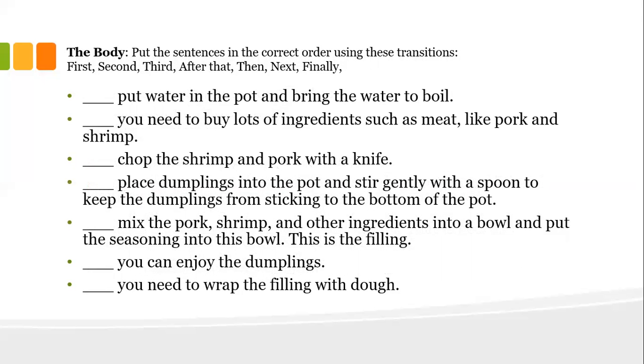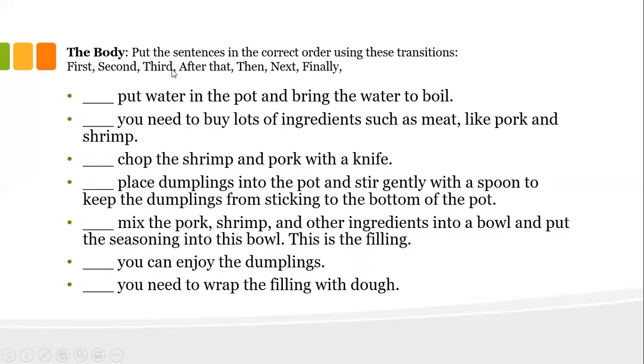Next, we go into the body paragraph, and the body paragraph of a process essay will give me a list of steps in the process. So this process essay has 7 steps. We're going to use the transitions up here. So put the sentences in the correct order using these transitions.